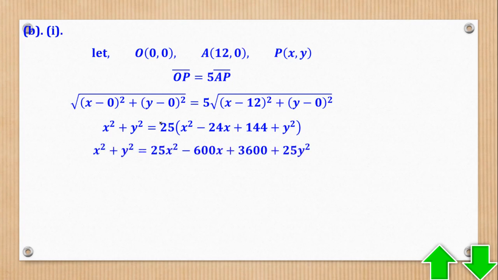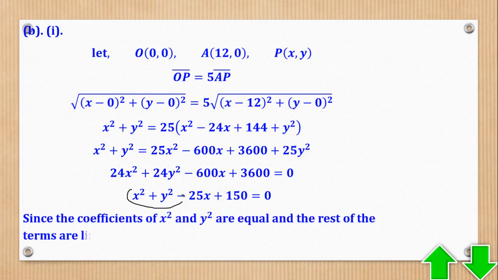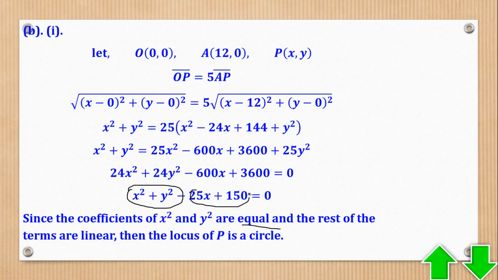Open brackets and collect like terms. So this one is now a circle. Okay, I can even reduce to get that, but even if you stop here, it is okay. So how do you know that's a circle? The coefficients of x squared and y squared should be equal, and the rest of the terms must be linear. There you have shown that it's a circle.